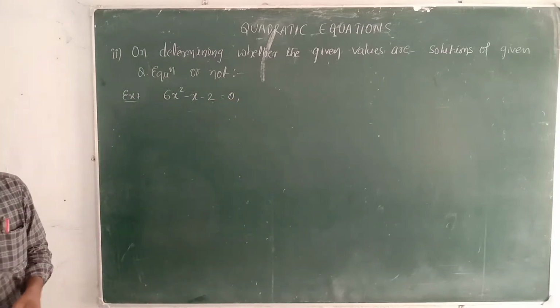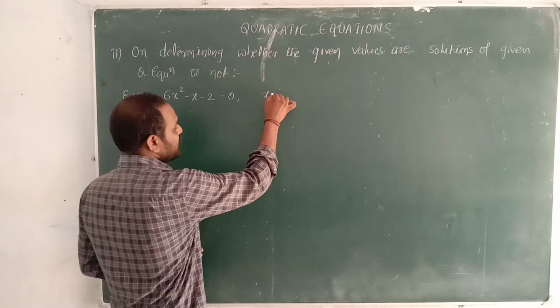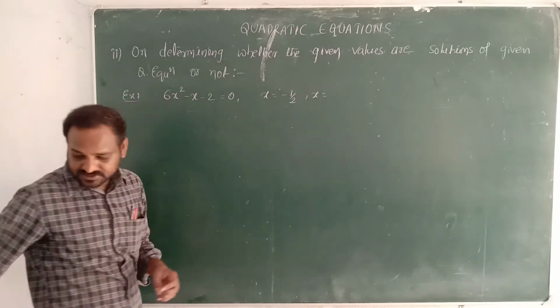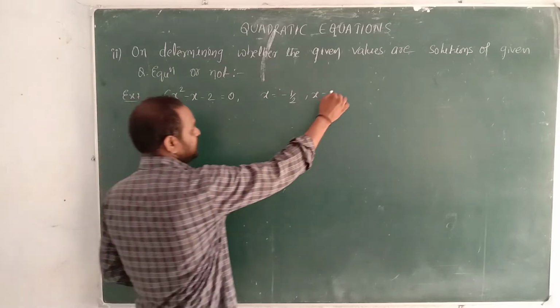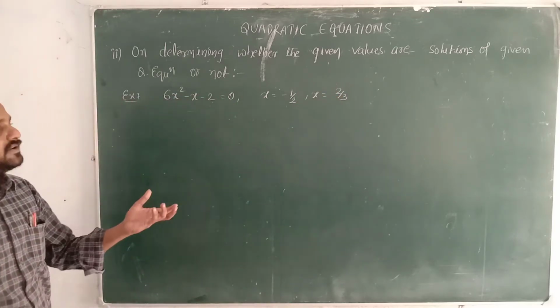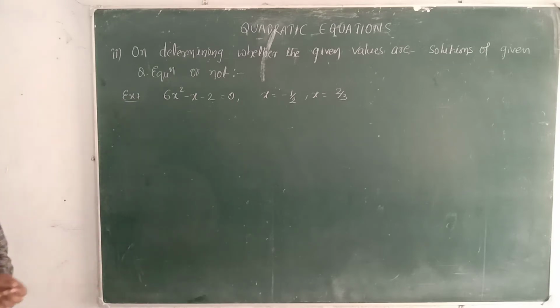Here x is equal to minus 1 by 2, comma, x is equal to 2 by 3. Here two values of x are given.